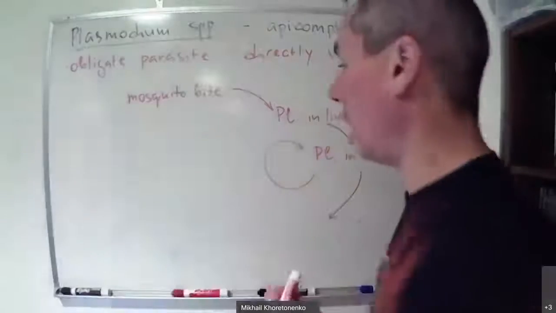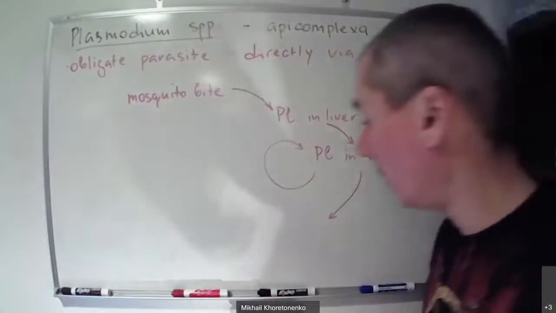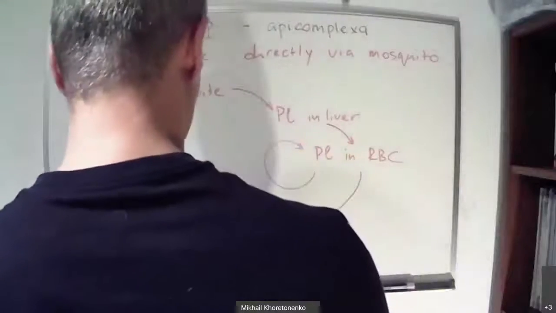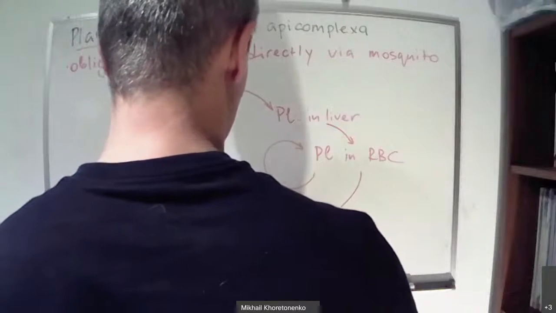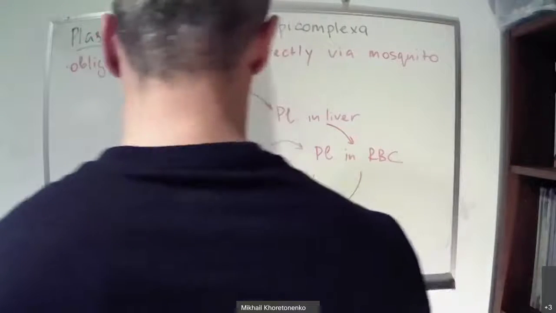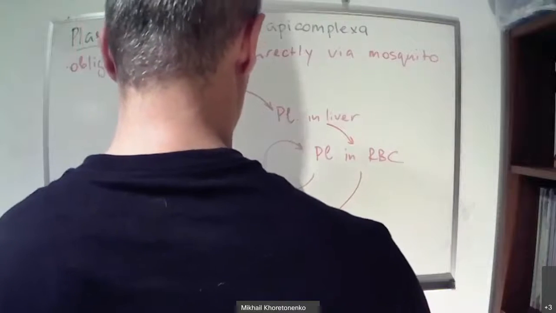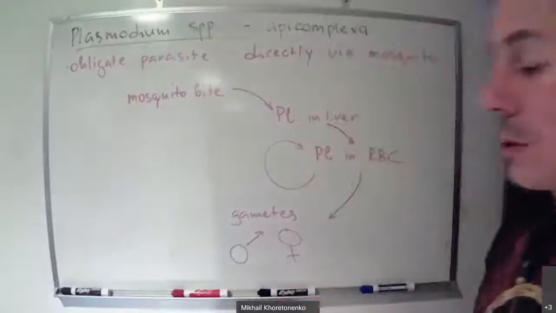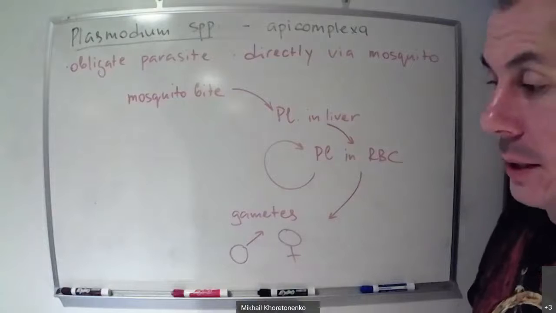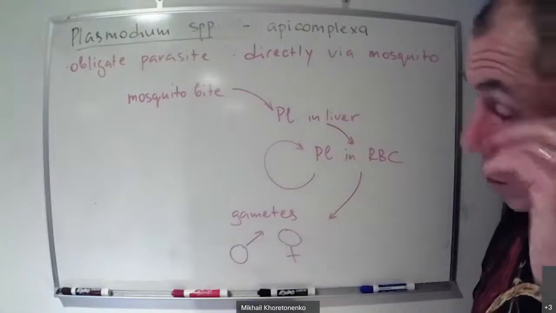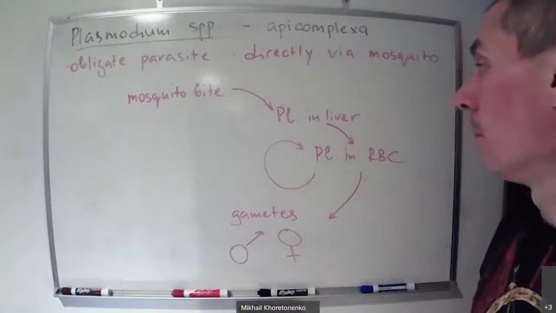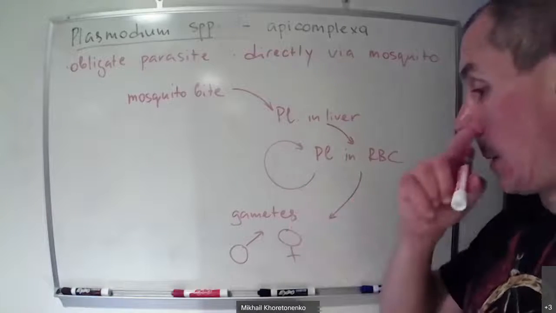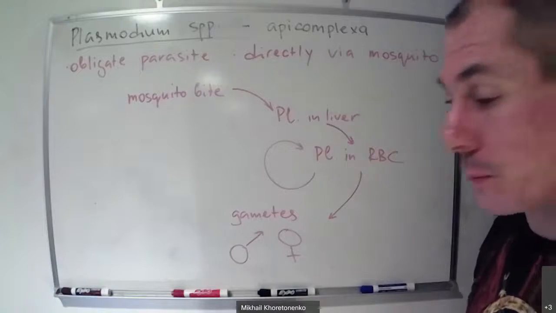Now, another possible outcome of the infection of the red blood cell is the production of gametes, male and female. The proper term for gametes is gametocytes, which I quite frankly don't care much about, okay? The point is that sexual cells are produced.